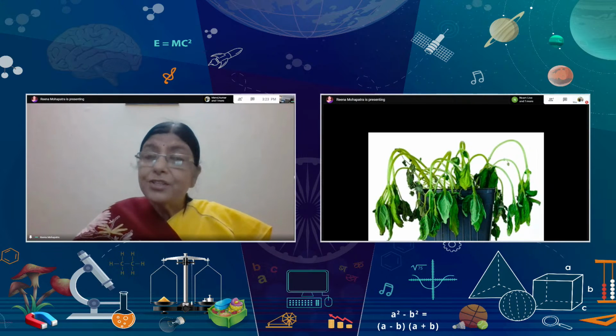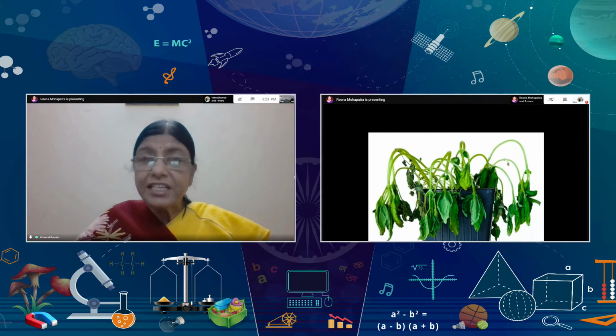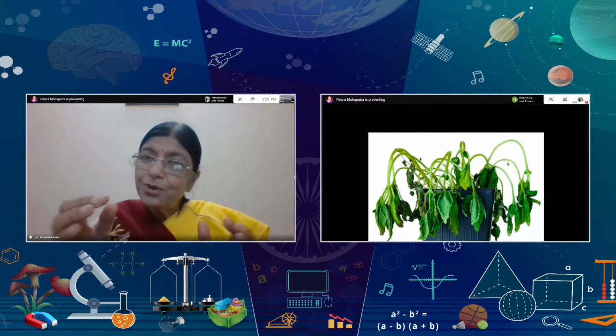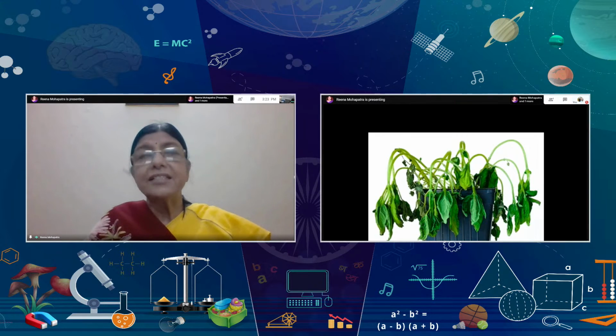So that exerts a pressure on the cell wall and the cell wall remains taut and firm, which helps the plant to stand erect. But when plasmolysis takes place, the protoplasm shrinks to the center and the cell wall loses its elasticity. So they bend down like this.